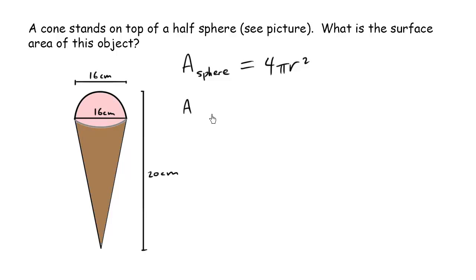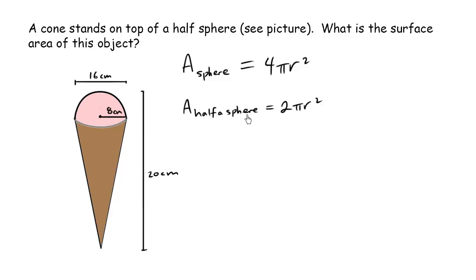The area of half a sphere is equal to half of this, which is 2 pi r squared. Now we know what r is. The diameter of this sphere is 16 centimeters, so half of that, the radius, is going to be 8. So the radius here, starting from the center, is 8 centimeters.